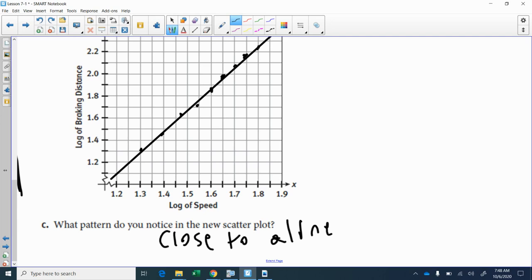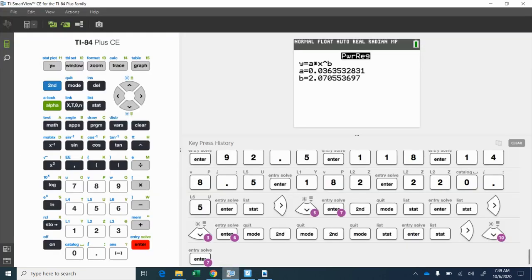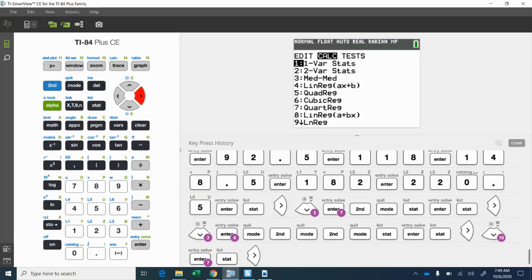If you can look at a graph and say, that looks like an absolute value function, that looks like this, then I know which different types of regression I can use in the calculator. I have a quadratic, a cubic, a quartic. Number 9 is a natural log, 0 is an exponential, A is a power function, B is logistic. So you have all these different possibilities, but we have to understand which one to use and when.